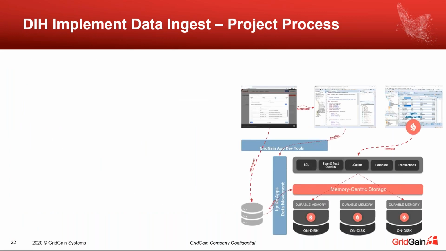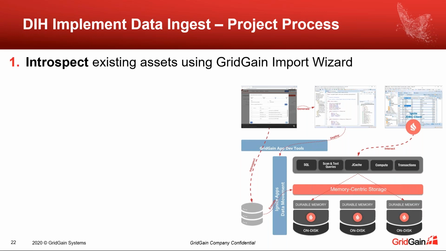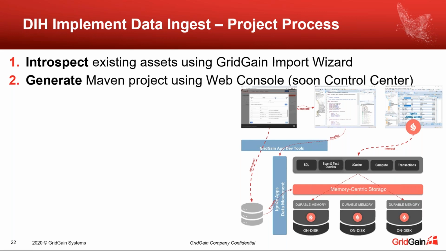Now, switching to the development process by which one would build an Ignite digital integration hub, the typical project looks like what's depicted here, with the cluster in red and black in the middle, and at the bottom right. You would typically start by using the GridGain import wizard to introspect some existing assets you have in your environment. That would generate a Maven project using the web console, and soon the control center will also have that feature.